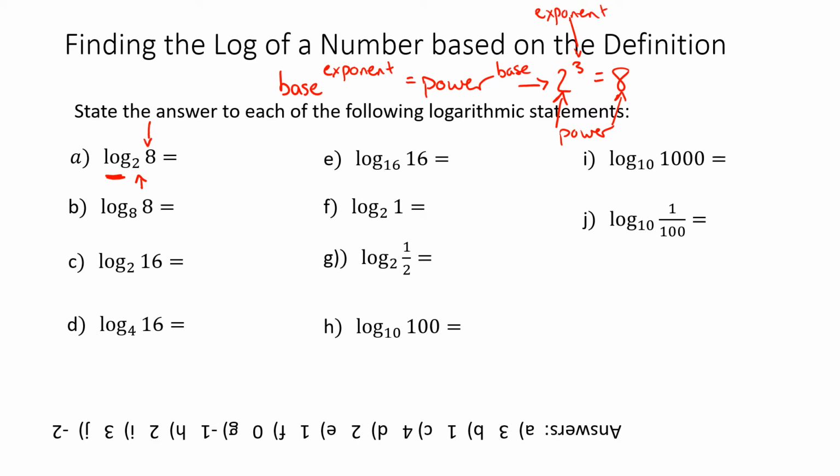So all we're doing is rearranging this for a logarithm, because we're not solving for the number 8. We're not putting it in our calculator and putting 2 to the exponent 3 and getting 8. What we're doing is we're putting the other two numbers in instead, the 8 and the 2, so we can figure out this number 3.